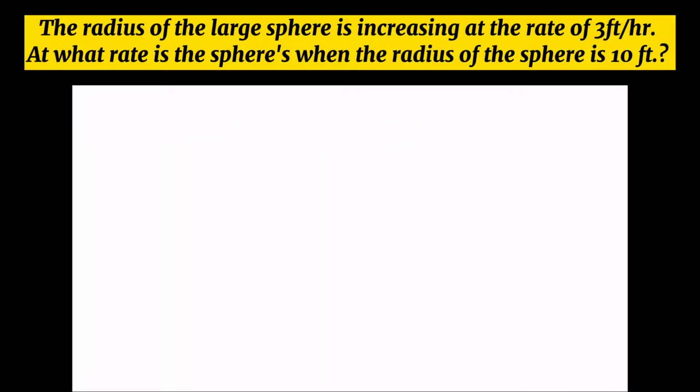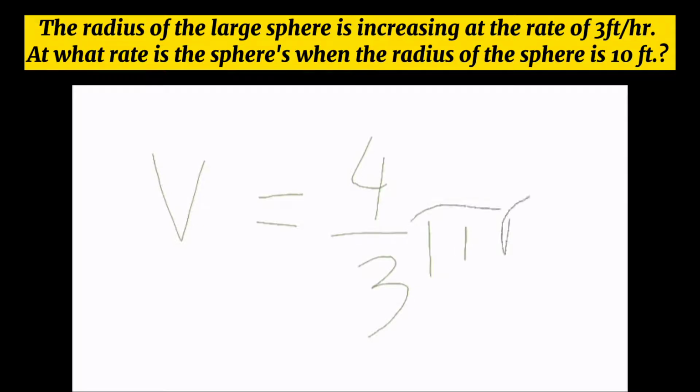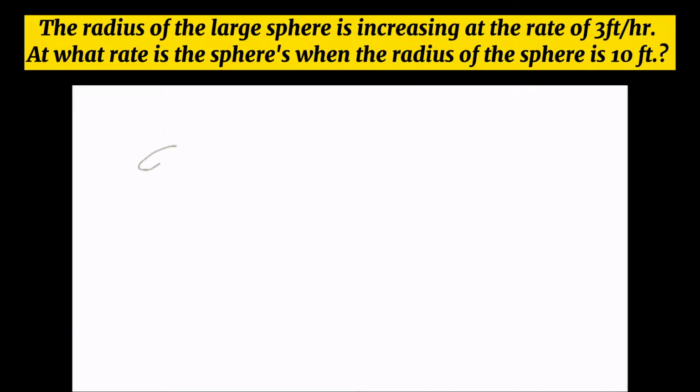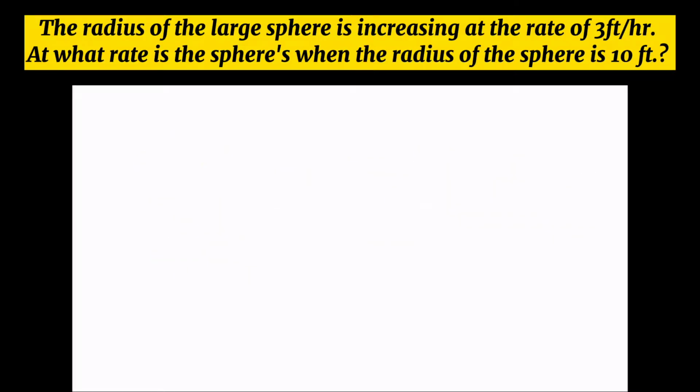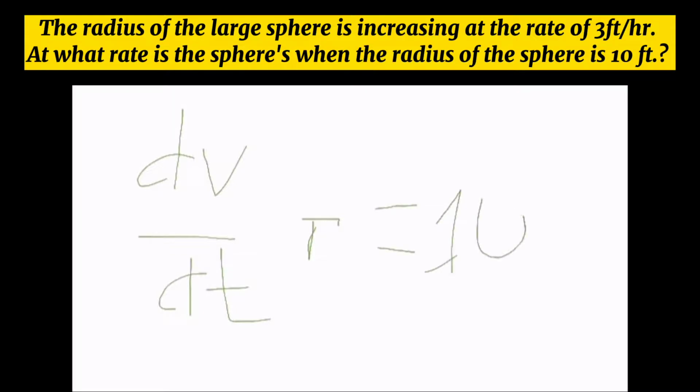Now, the volume of a sphere of radius r is V equals 4 over 3 pi r cubed. By the given, dr over dt is equal to 3 feet per hour. Now find dv over dt when r is 10 feet.